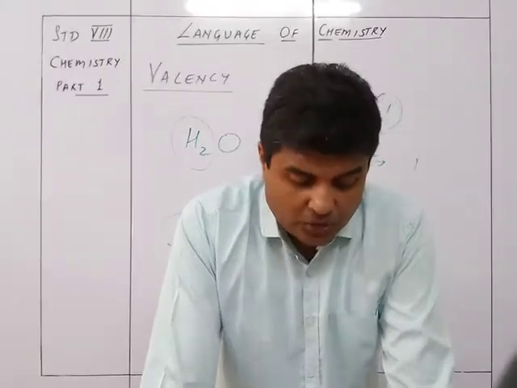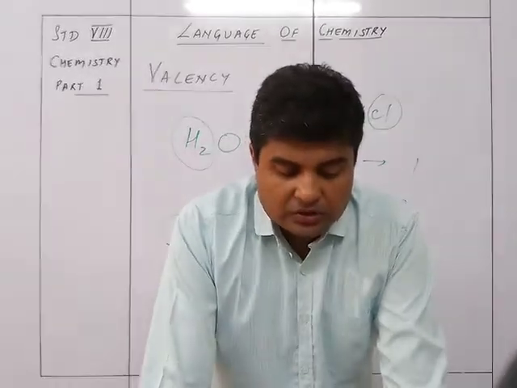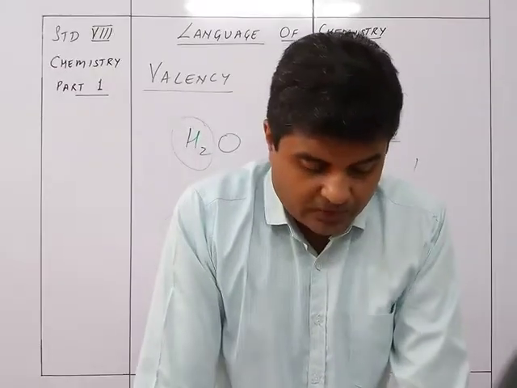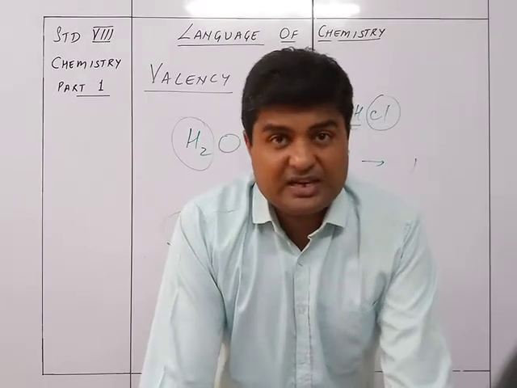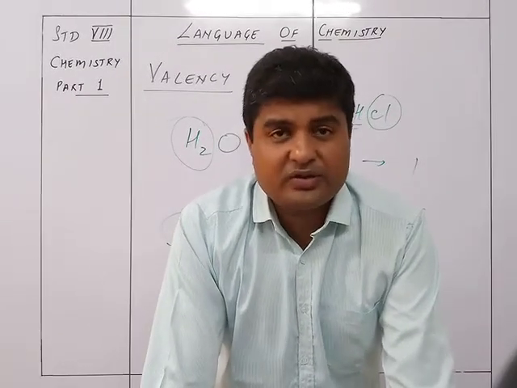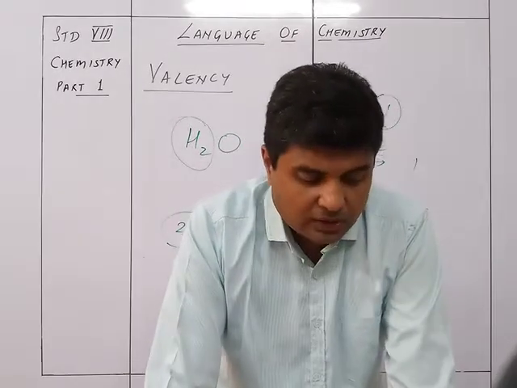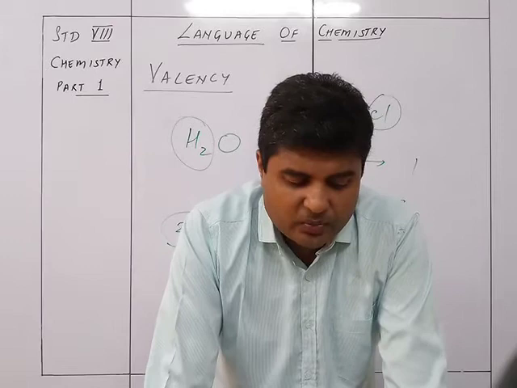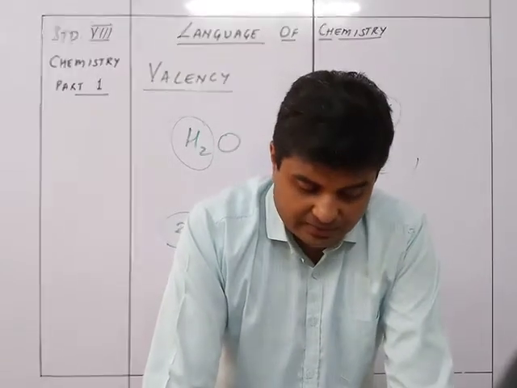Water H2O: 2 atoms of hydrogen combined with 1 atom of oxygen. So valency of oxygen is 2. Ammonia NH3: H3, that means the valency of nitrogen is 3, its configuration being 2, 5. Remember that. So 3 atoms of hydrogen combined with 1 atom of nitrogen. Valency of nitrogen is 3.